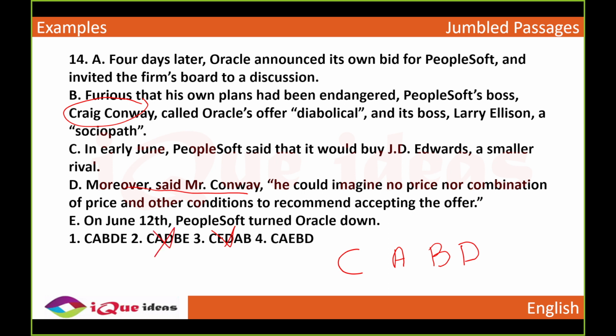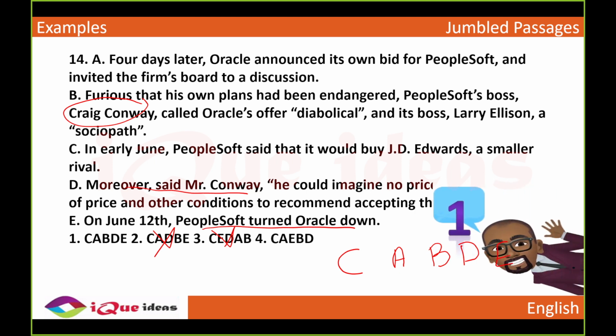And then E, on July 12th, PeopleSoft turned Oracle down. So, पूरी कहानी होने के बाद ही हम कहेंगे कि कंक्लूजन में क्या हुआ था, खत्म हो गई थी कहानी, उन्होंने ना बोल दिया. So CABDE seems to make the most sense, leaving us with option 1 as the answer. Option 1 makes the most sense.